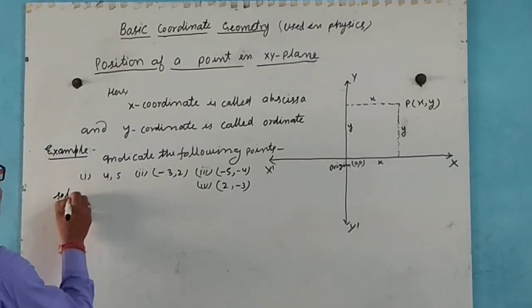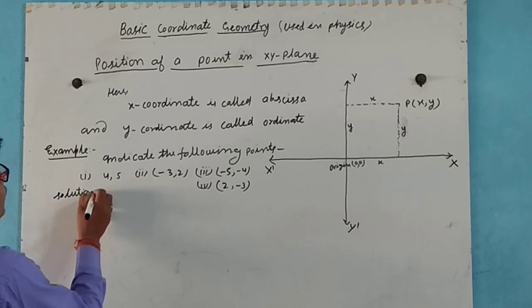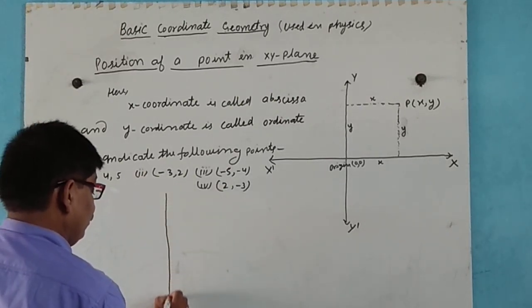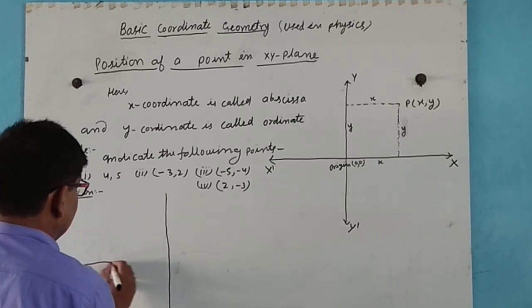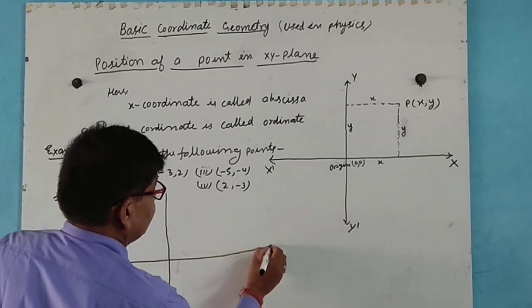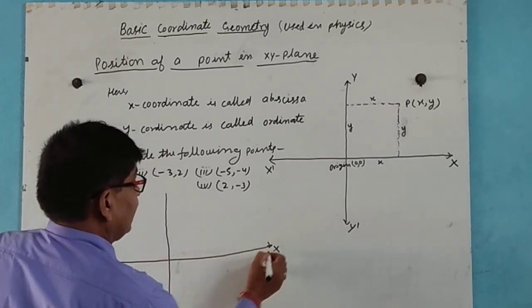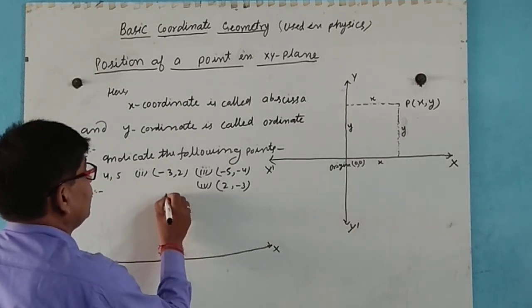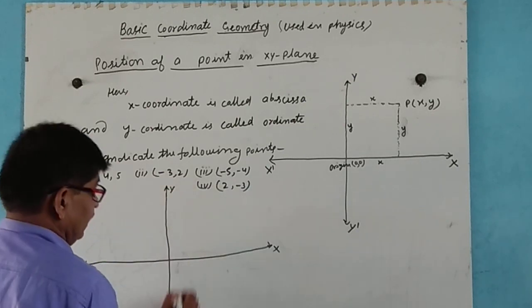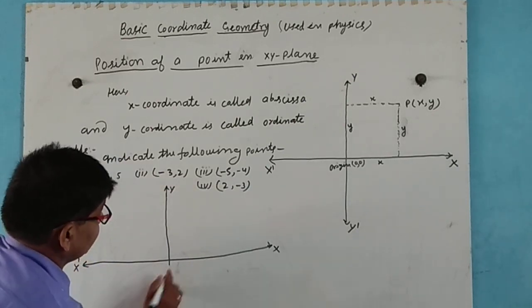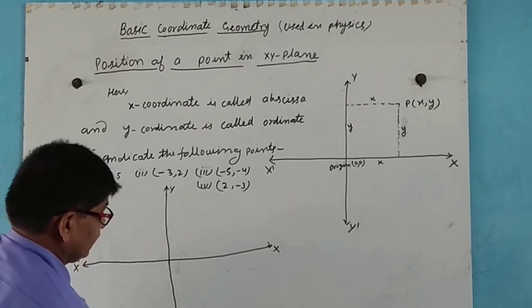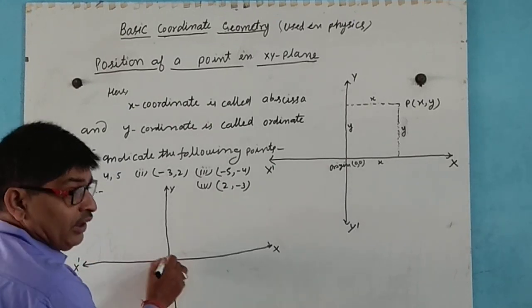Now the solution. Here we take x and x dash, this is y and this is y dash. Now this is the origin.